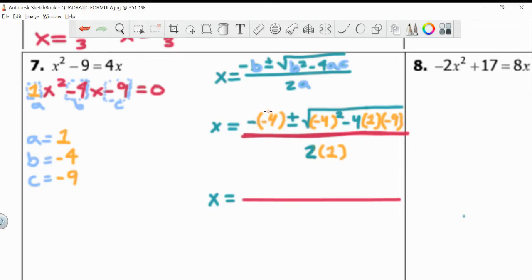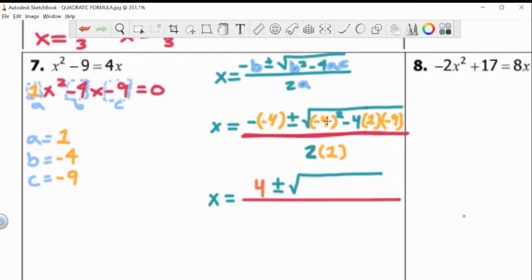So the first thing, negative b, which is -4, is going to be +4. Hopefully we're pretty comfortable with that. Some people say negative b, does that just mean -4 and it needs to stay negative? No, right? 2 negatives makes a positive. Okay, then we've got plus or minus. Then we've got the square root.